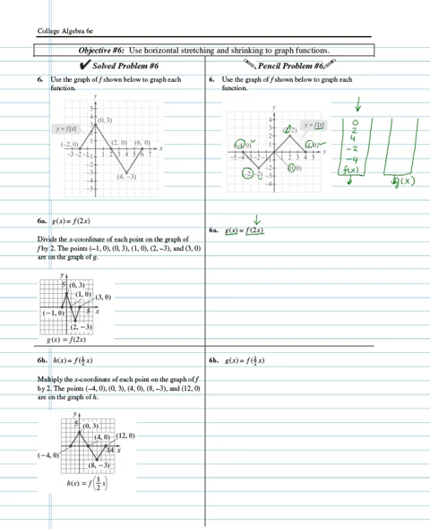If it is 0, 0 over 2 is 0. If you put 2, you have to put 1 here to get the same output. If you put a 4, this has to be a 2. This has to be a -1, and this has to be a -2. If you halve the inputs and put them in g of x, you're going to get the same output as f of x.